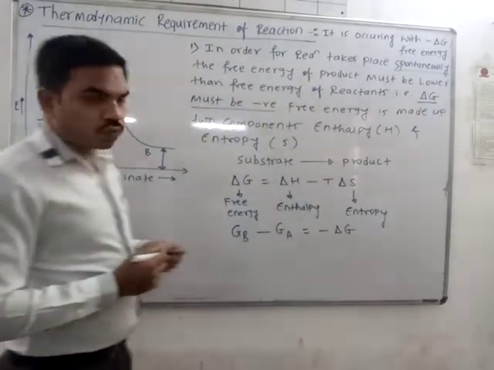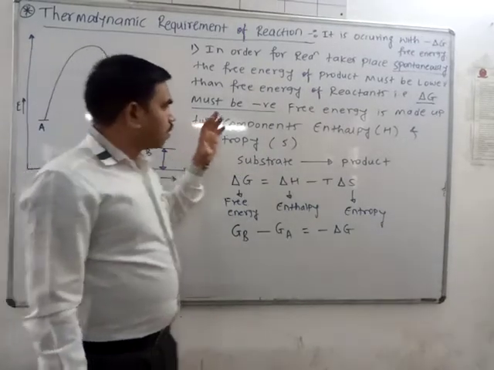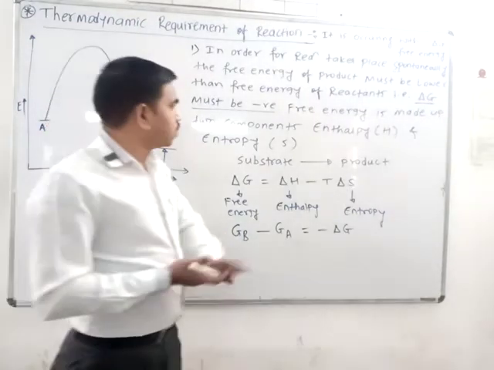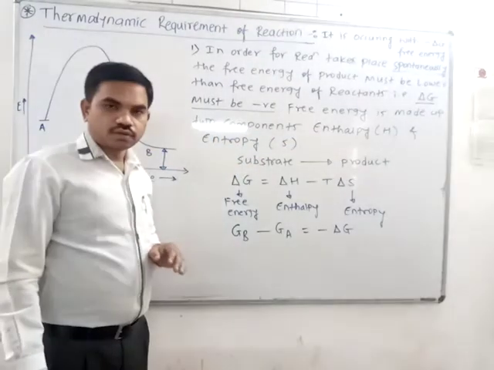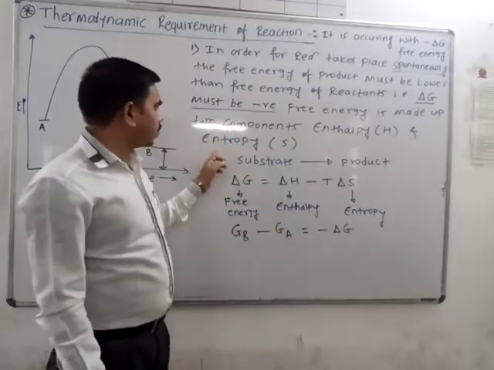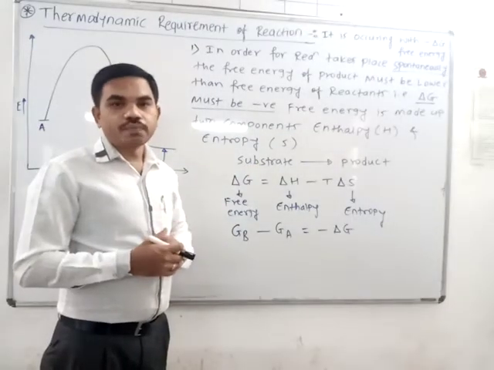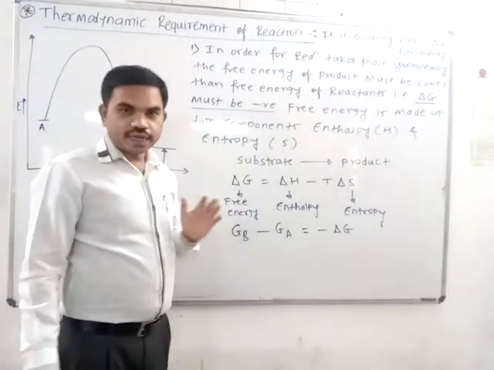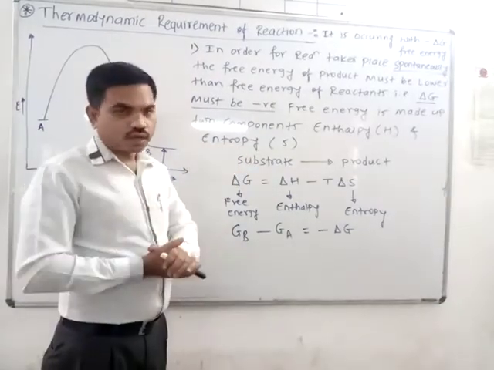Delta G is negative, meaning the free energy is negative. So free energy is made up of two components, that is enthalpy H and entropy S. We can say enthalpy change and entropy change. Enthalpy means the sum of the energies, energy changes, and entropy means the randomness of the reaction.